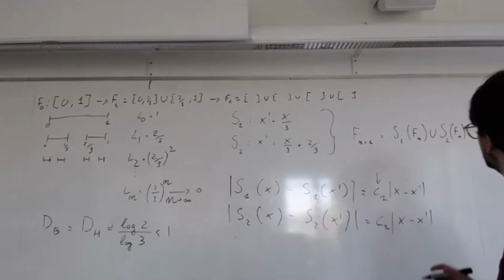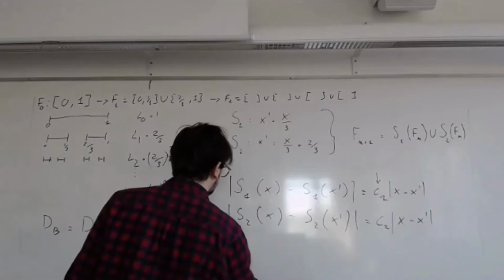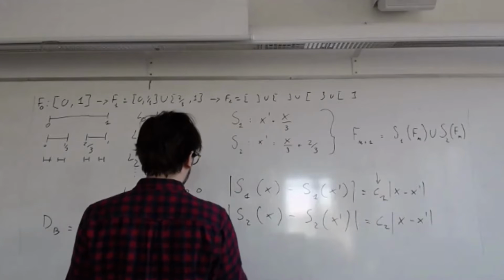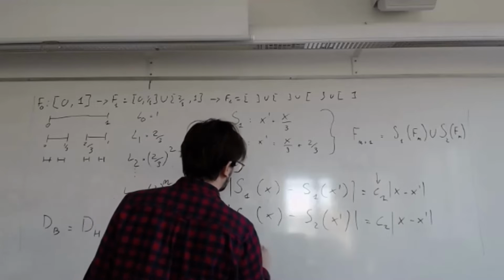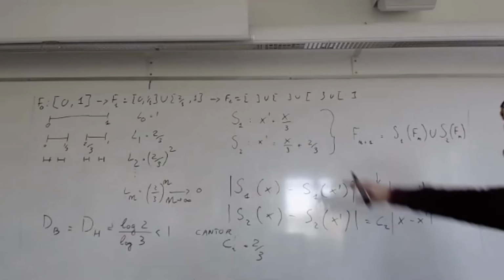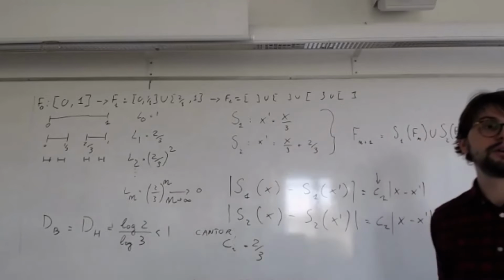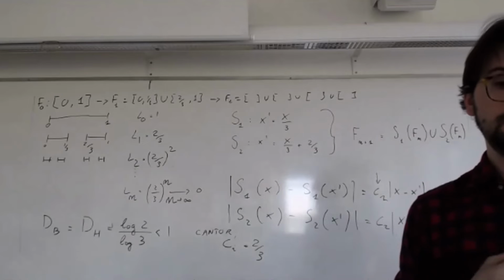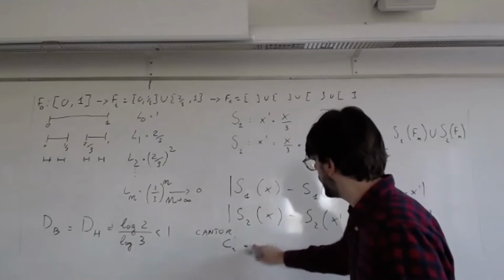Is it pretty clear? So in this case, my Ci's of the Cantor set are equal to 1/3, because both S1 and S2 are splitting X in thirds. Clear?